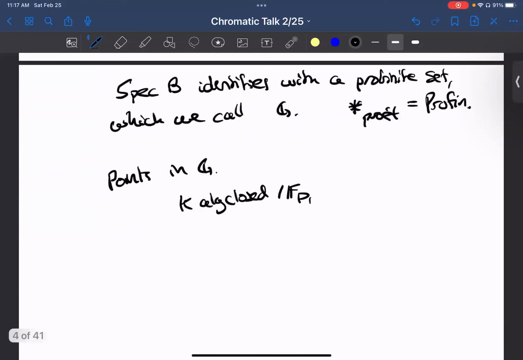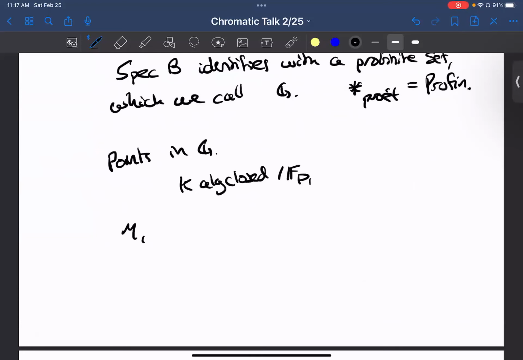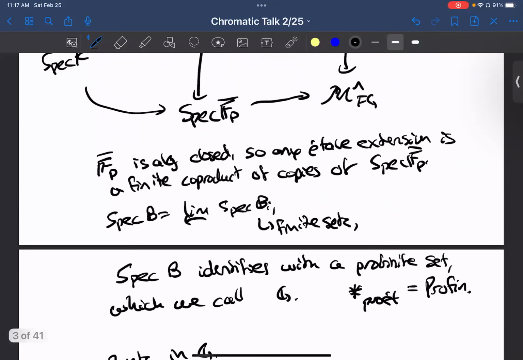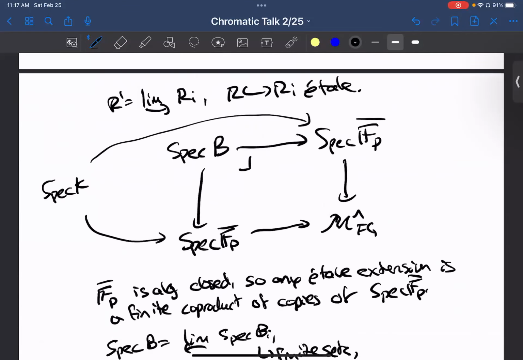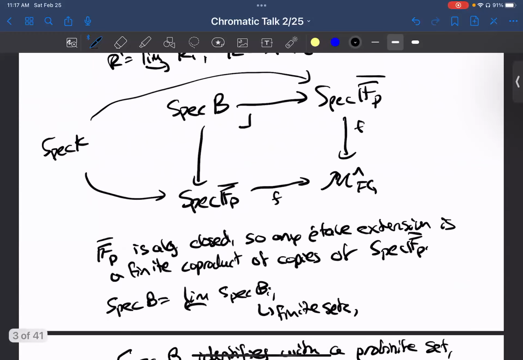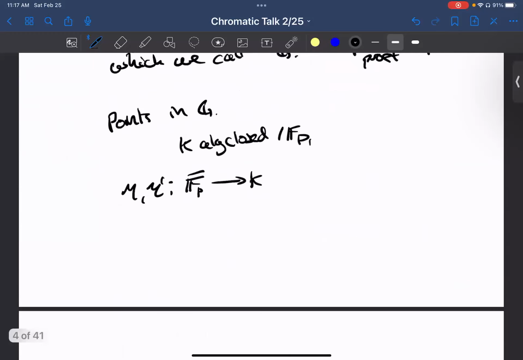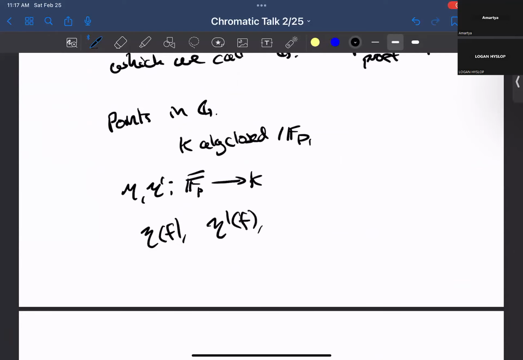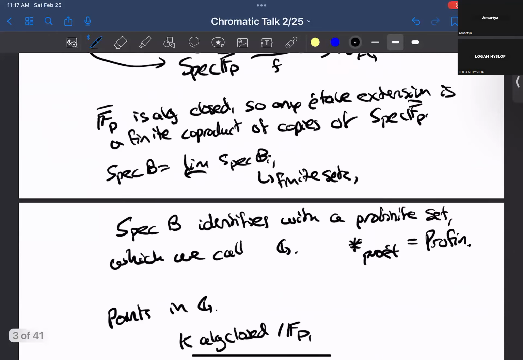So we might as well call this eta and eta prime, I'm going to use Lurie's notation, from FP bar into K. And such that when we map these in by F here and F here, we're going to have two formal group laws, which we can call eta of F and eta prime of F. And these are going to agree as formal group laws over K.